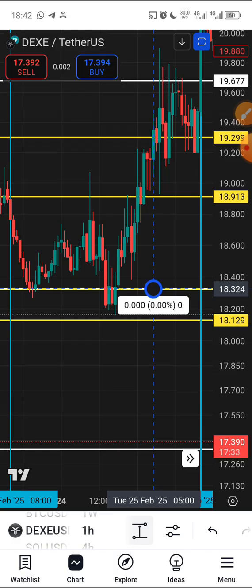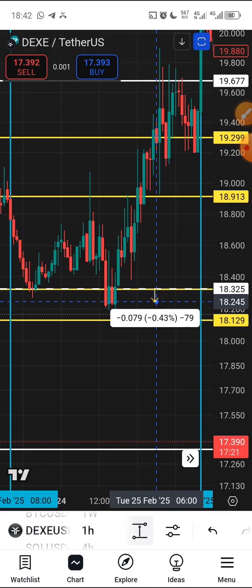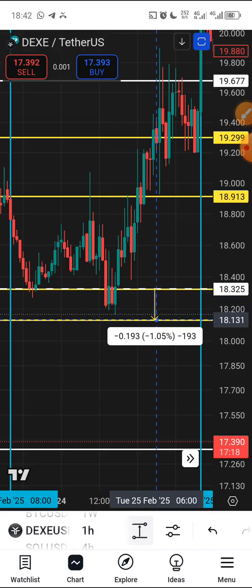So you want to see where was the least low price, like your support. Where is your support? And you'll find out that your support is as low as -1.07%. So your margin call drops are going to take a drop of 1.07%.